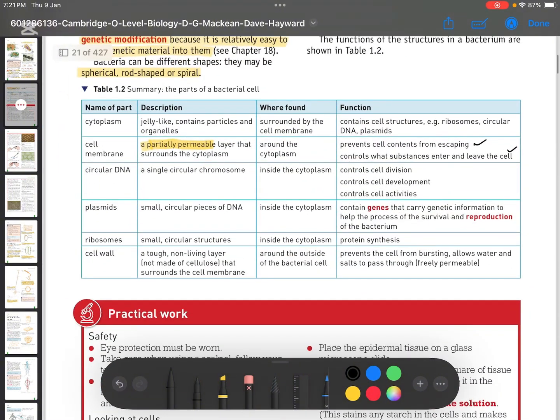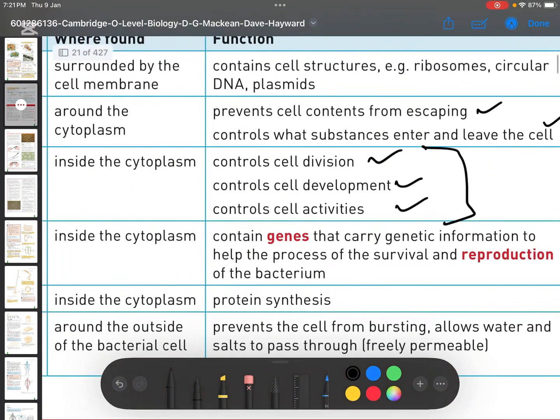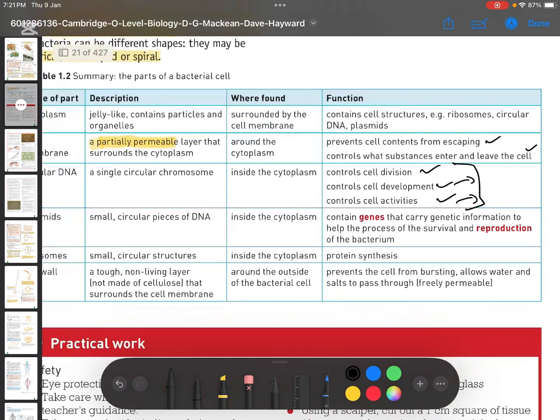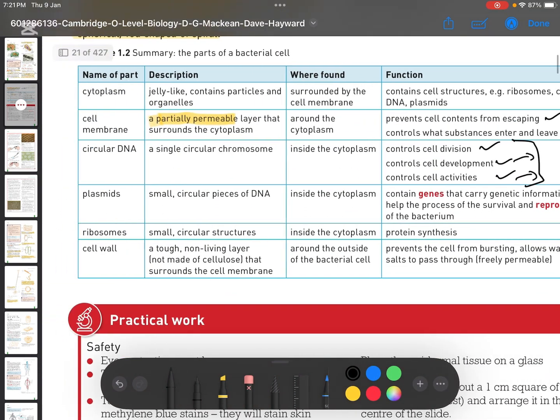Circular DNA, the circular chromosome inside the cytoplasm, controls cell division and cell development. Same functions as a nucleus inside an animal cell. What does that mean? What the cell will become in the future, what the cell will mature into, and the cell activities, the chemical metabolic activities inside the cell.